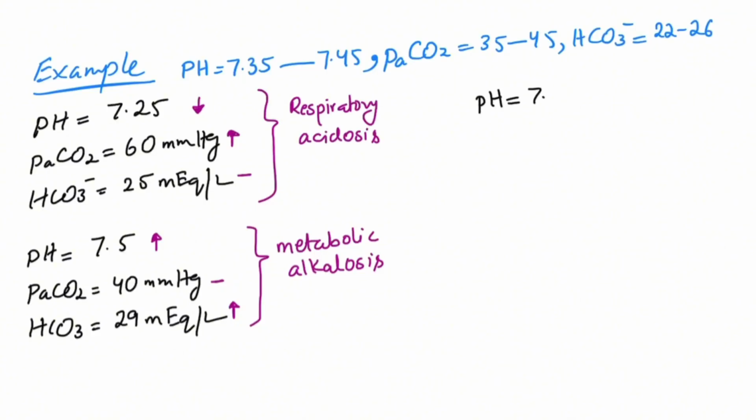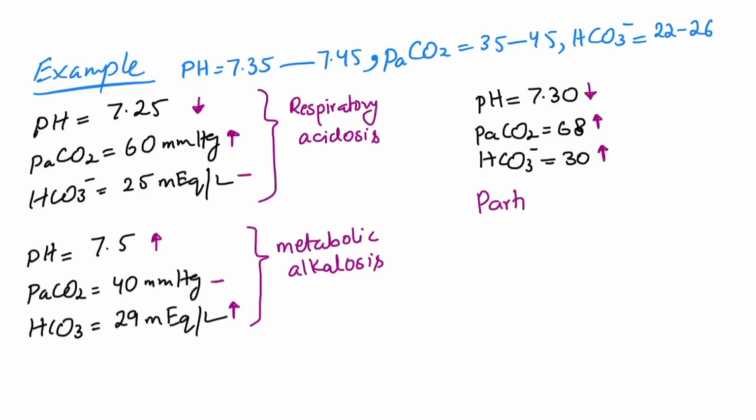Let's say the pH is 7.30. We have carbon dioxide 68, and the bicarbonates are 30. So let's look at this. The pH is definitely low, that is acidosis. Carbon dioxide is high, so it should be respiratory acidosis. But the bicarbonates are high as well. In this situation, the pH is low, so definitely it is acidosis, and the rise in carbon dioxide explains the acidosis, but the bicarbonates do not.